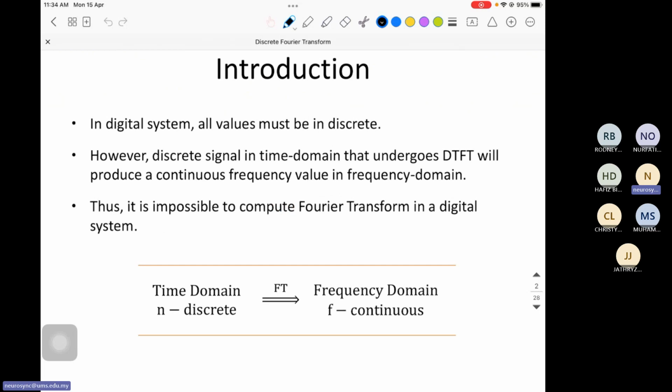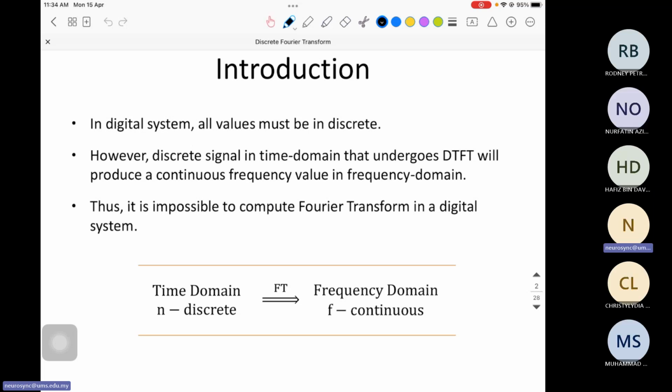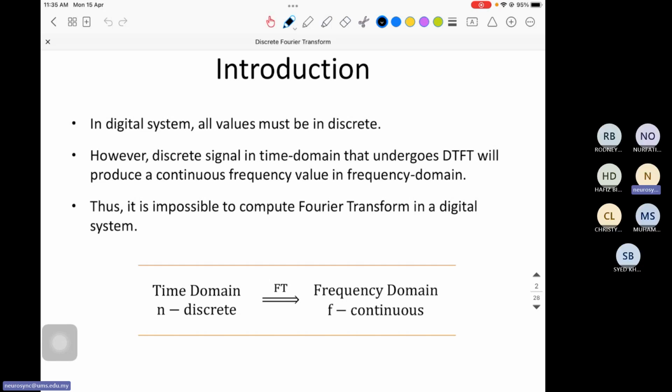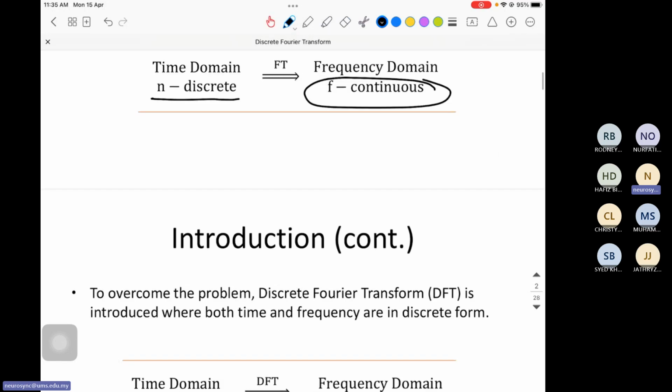this DFT deals with the conversion of discrete time domain values to discrete frequency domain values. Now, in case of DFT, we will convert the discrete time domain values into the discrete, not continuous, frequency domain values.